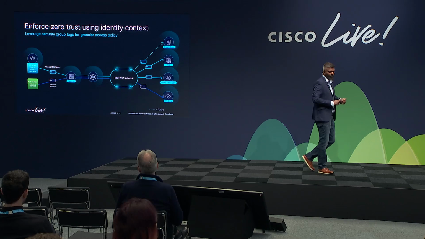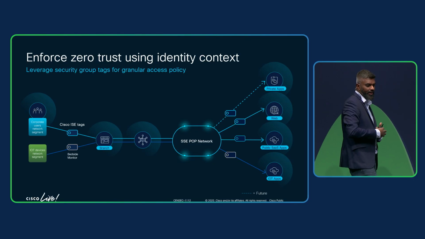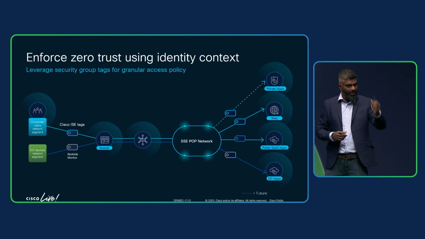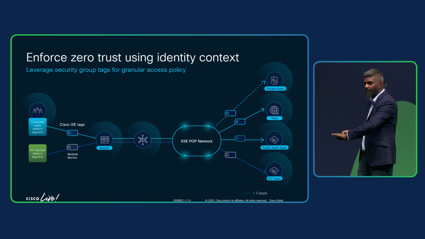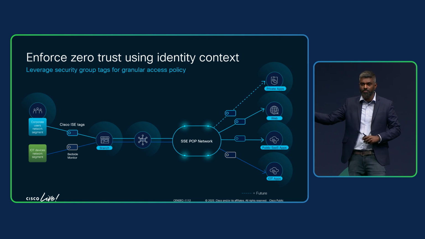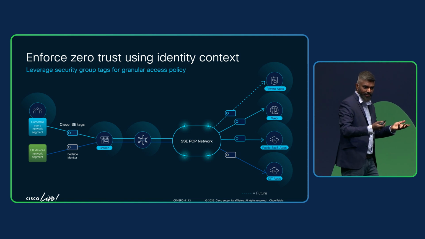If you're familiar with our network access solution with ICE, we integrate that with Secure Access and SD-WAN to help identify, based on the tags that we learn from ICE, that, hey, if you're a bedside monitor or a camera, we take that tag and pass it seamlessly across the networking and security domains, and then say something like, hey, if you're a camera, you should only be talking to the monitoring website. There's no need for you to be talking to anything else.